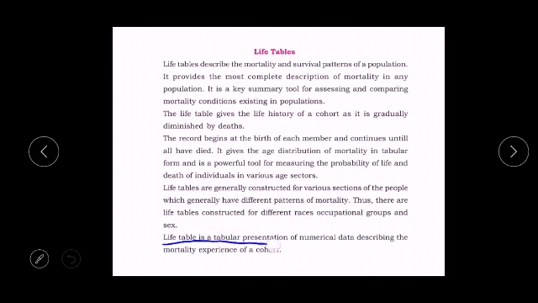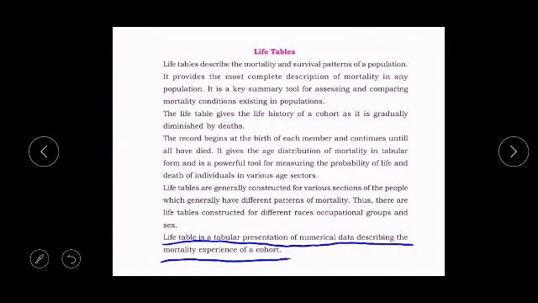A life table is a tabular presentation of numerical data describing the mortality experience of a cohort. So it is a tabular presentation. The word table itself indicates that it is a tabular presentation of data. Data of which data? Here it describes the mortality experience of a cohort.